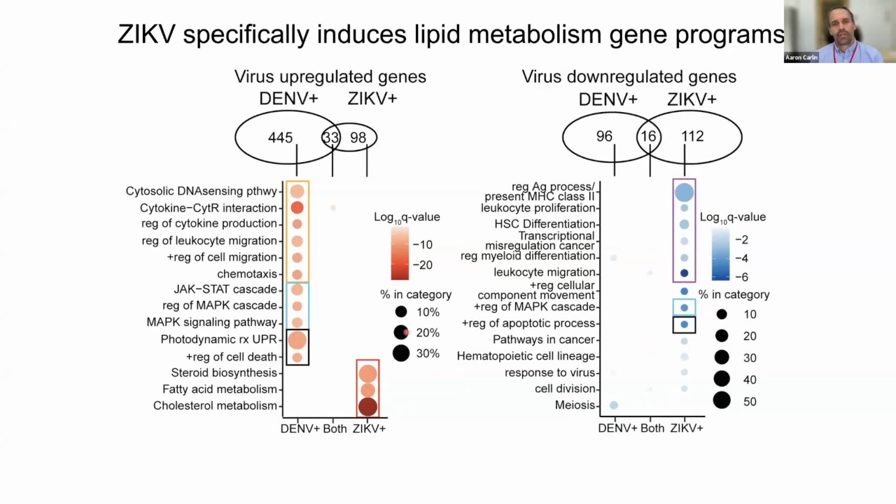For the lipid biosynthesis, if you look at what's upregulated in Zika, the upregulated genes are almost entirely restricted to genes involved in steroid, fatty acid, and cholesterol biosynthesis, which is quite remarkable and very different from dengue virus, where we see really no upregulation of these gene programs.